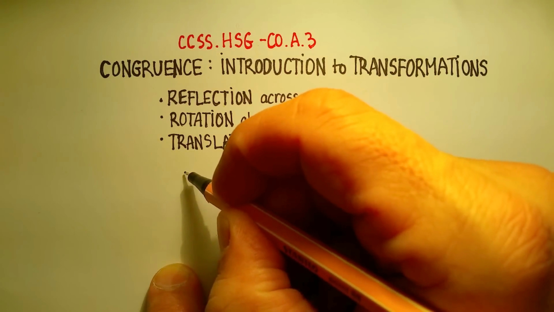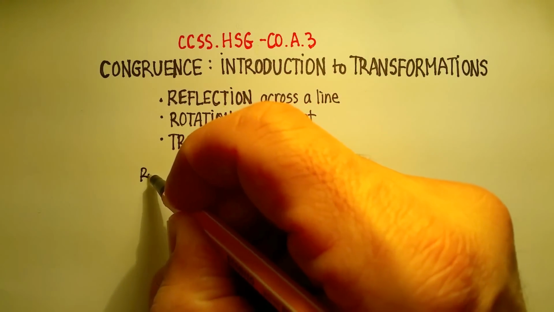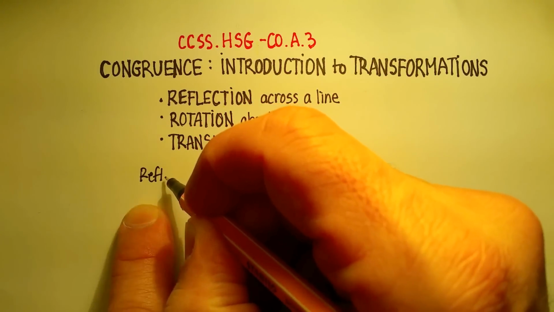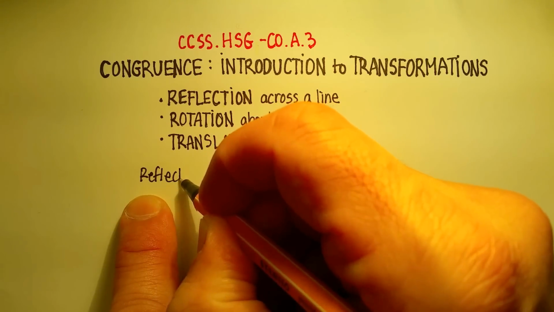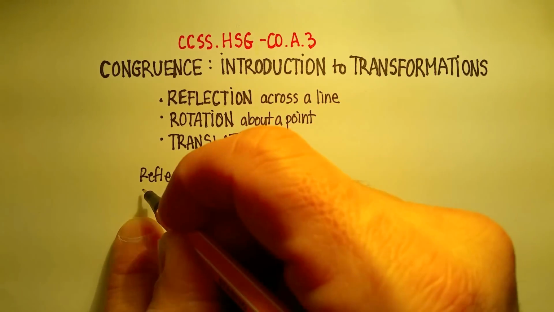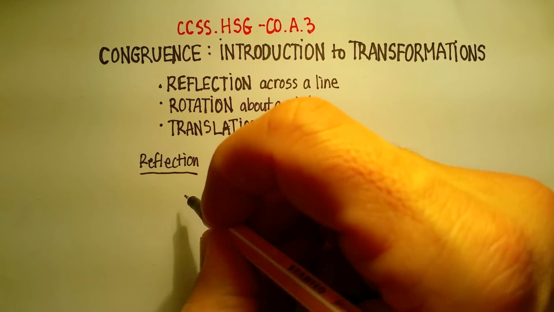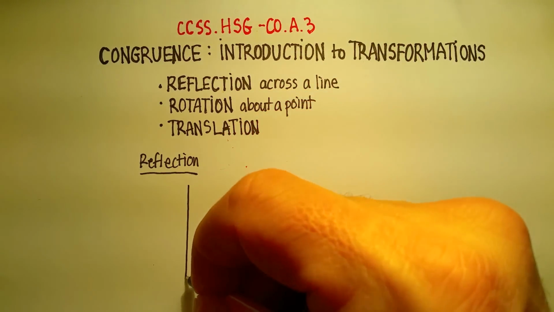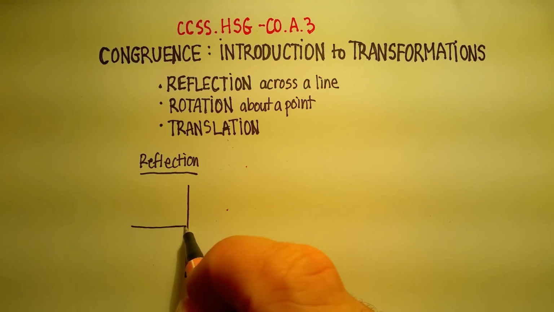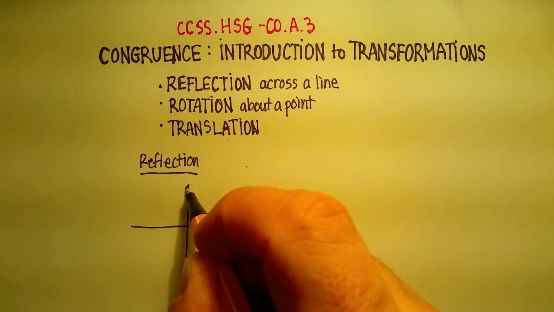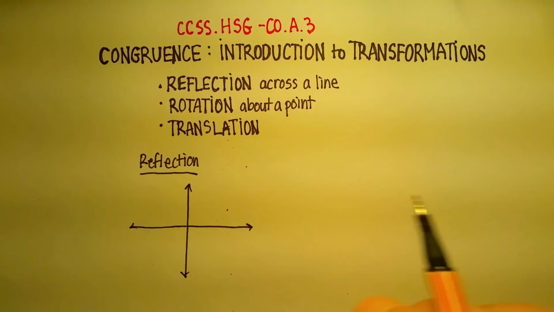So you're all familiar with the, let me just write this down here real quickly, reflection. You're all familiar with the XY axis, right? So let's assume we've got an XY axis going here. And now let's also assume that we have an object of a particular shape.